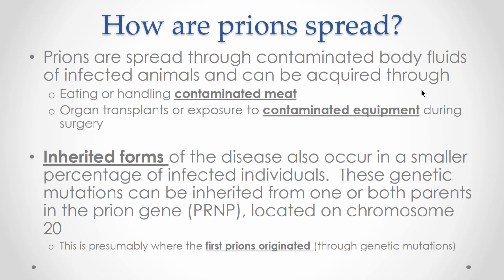Now, prions are, unlike viruses, not common, so it's not likely to get a prion disease, thankfully. There's some debate about where exactly they came from, but it's generally thought that they originate from defective gene mutations, and these are therefore inherited.